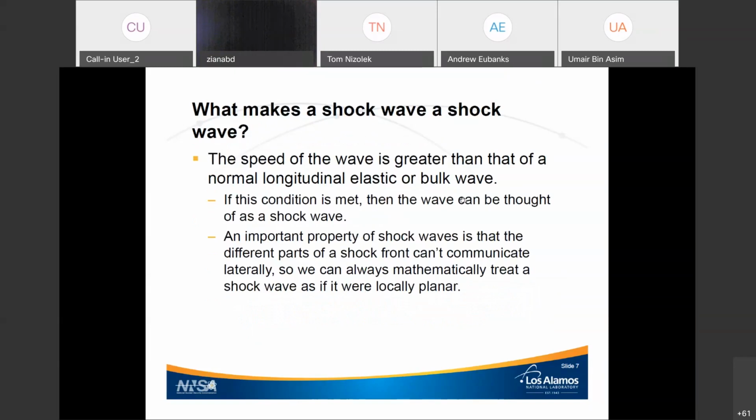An important property of shock waves is that the different parts of a shock front cannot communicate laterally because of this, what I'll call supersonic condition. And for that reason, we can always mathematically treat a shock wave as if it were locally planar.